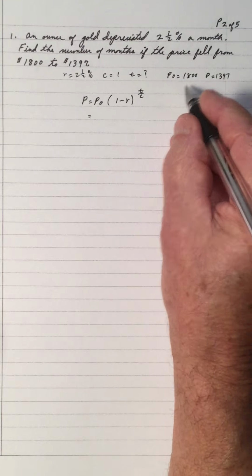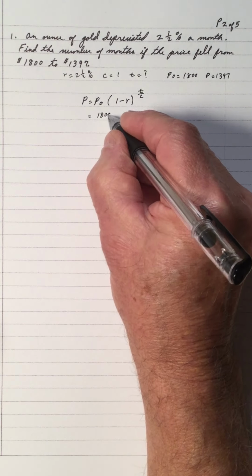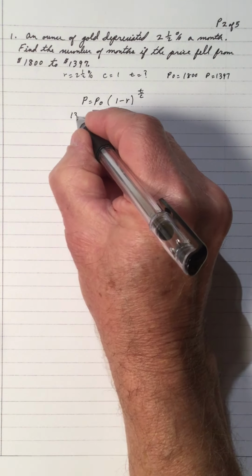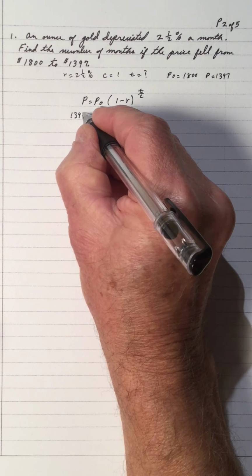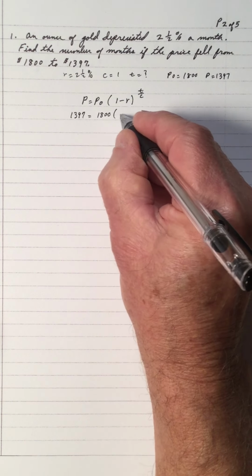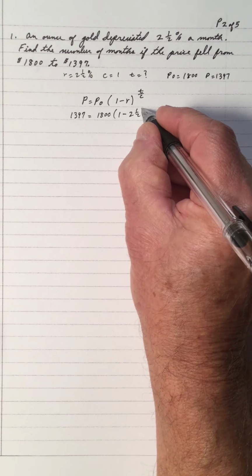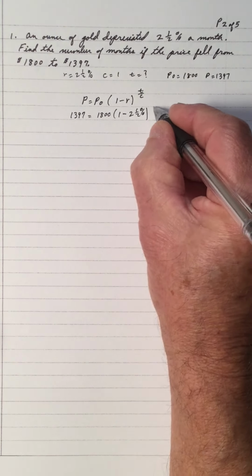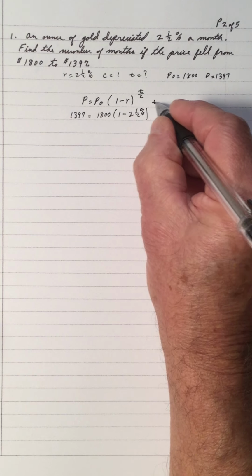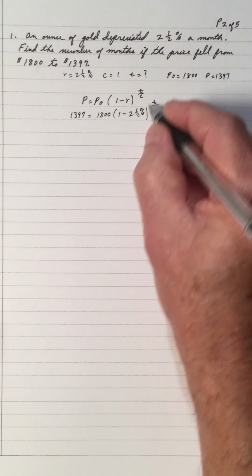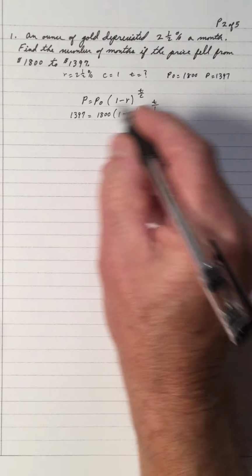So we have 1800, it's going to 1397, and it's 1 minus the rate, which is 2.5%. The time is what we have to find, and it's each month, so C is 1.